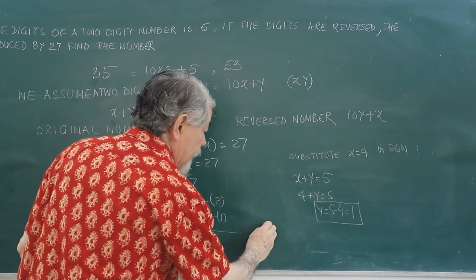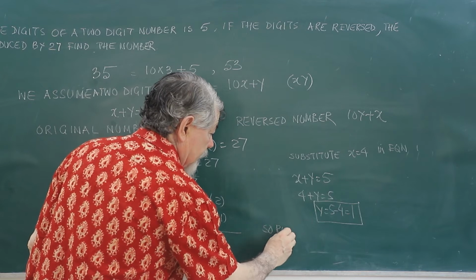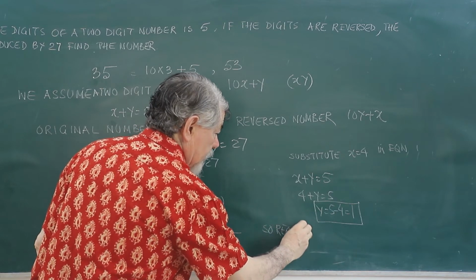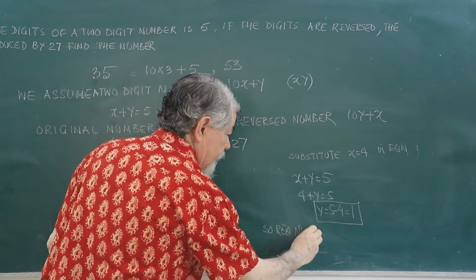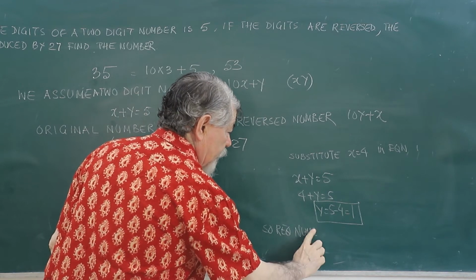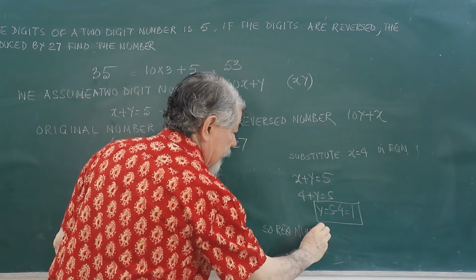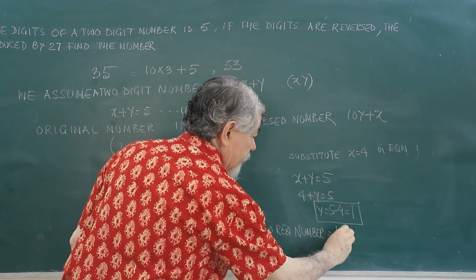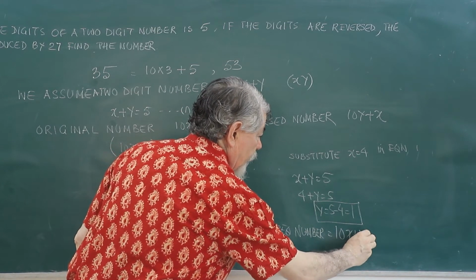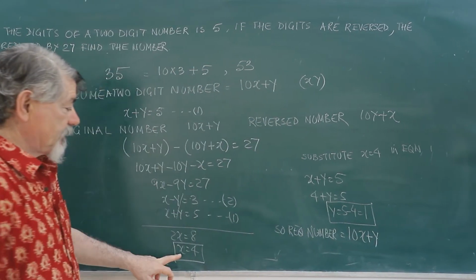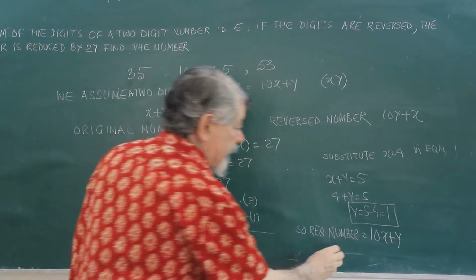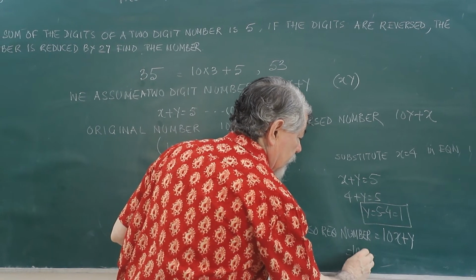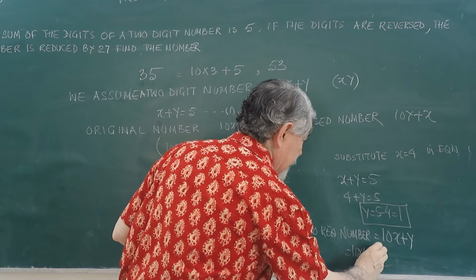So the required number, we had assumed the number to be 10x plus y. What is the value of x? 4. So it will become 10 into 4 plus y is 1.